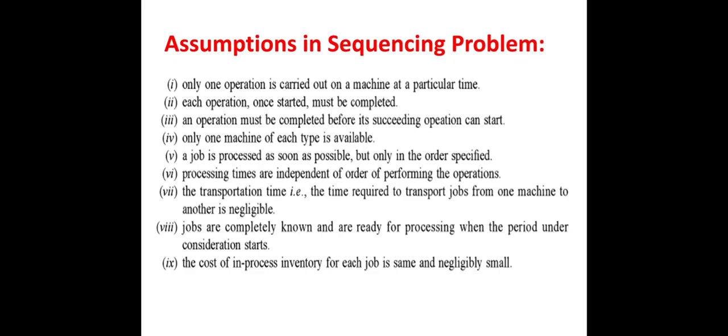That is, the transportation cost is not considered in doing the sequencing of the jobs. Jobs are completely known and are ready for processing when the period under consideration starts. The cost of in-process inventory for each job is same and negligibly small. That is, in-process inventory will be same for all the particular jobs under consideration.